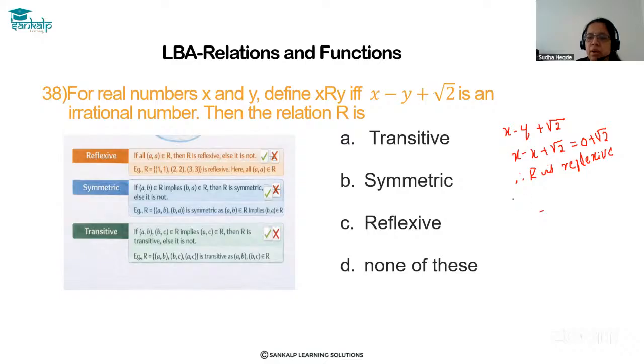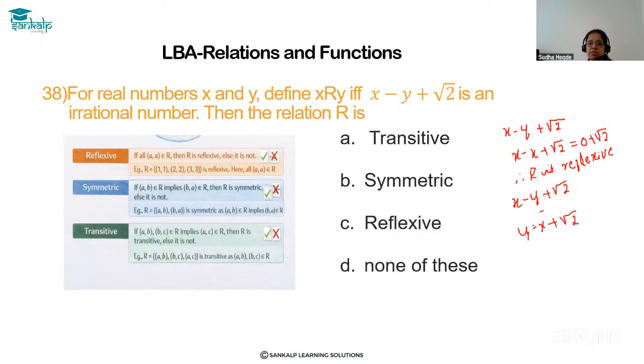X minus y plus root 2 is an irrational number, then check whether y minus x plus root 2 is an irrational number or not. Actually, it may or may not be irrational.